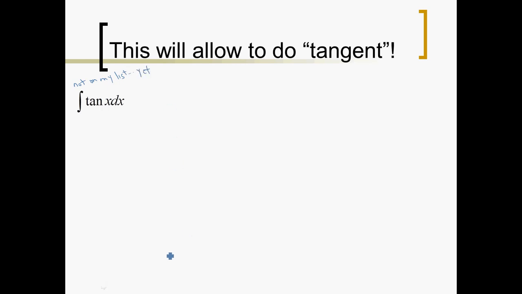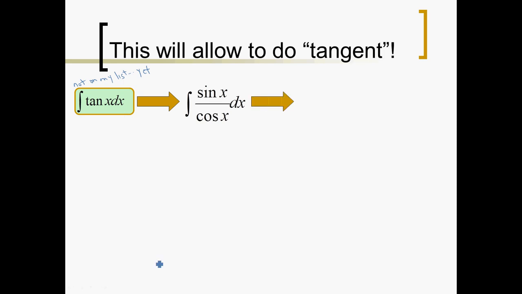So check out this math. I'm going to use trig and rewrite it as a quotient. I can't anti-differentiate a quotient, but now that I know the stuff to the -1, I'm going to take that cosine in the denominator, make it to the first power, and then bring it up and make it to the -1 power.